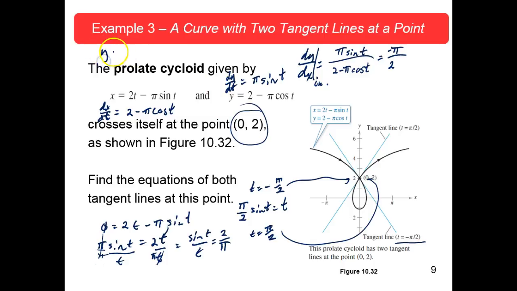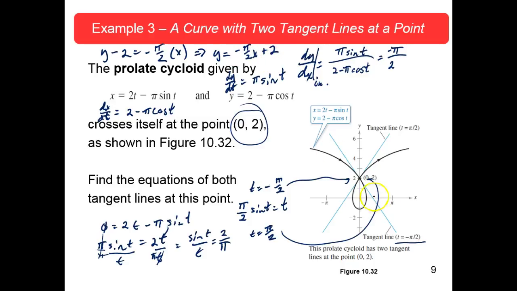So it's y minus y1, and your y1 here happens to be 2, is equal to m, which is minus pi halves, times x minus x1, which is just x. Okay? So this would be y is equal to minus pi halves x plus 2.